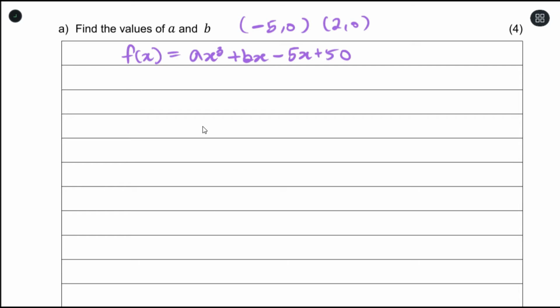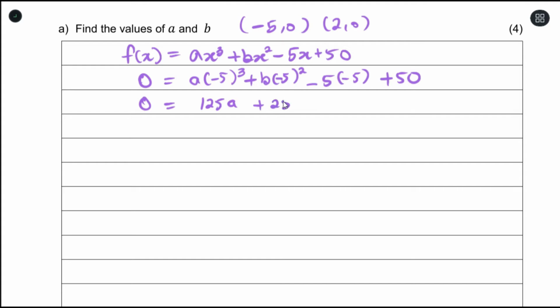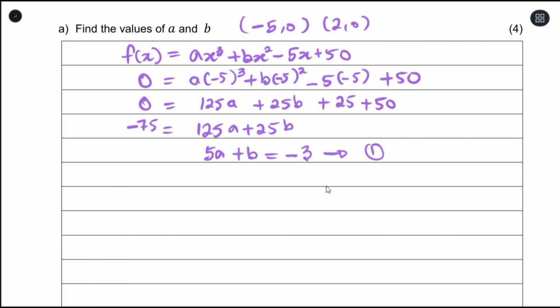So let's try this out. I want to substitute (-5, 0) into this. Substituting, this is what you get. Dividing by 25, you're going to get this, so we can consider this our equation 1.